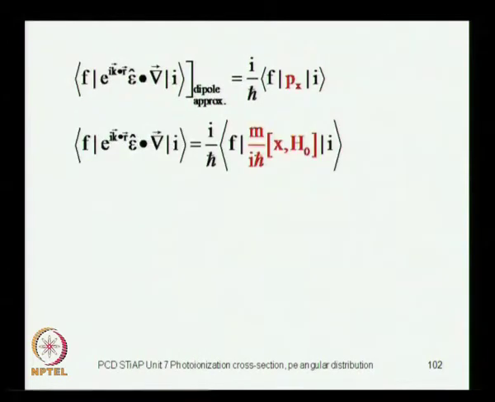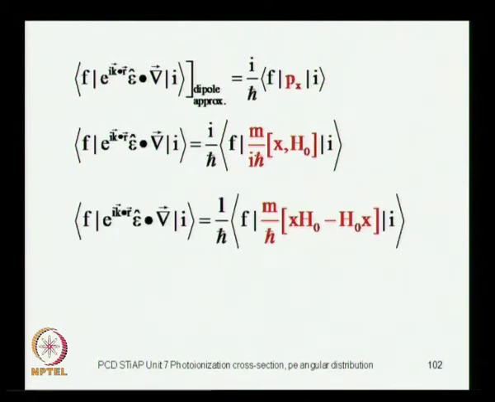So you can write the matrix element in terms of the matrix element of the momentum operator, or effectively in terms of the commutator x with h 0, and now you take the x h 0 commutator explicitly which is x h 0 minus h 0 x.